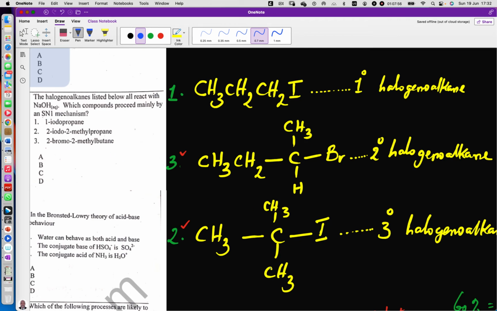It is 1, 2, 3, so it is 2 bromo. This one is 2 bromo, 2 methyl butane.